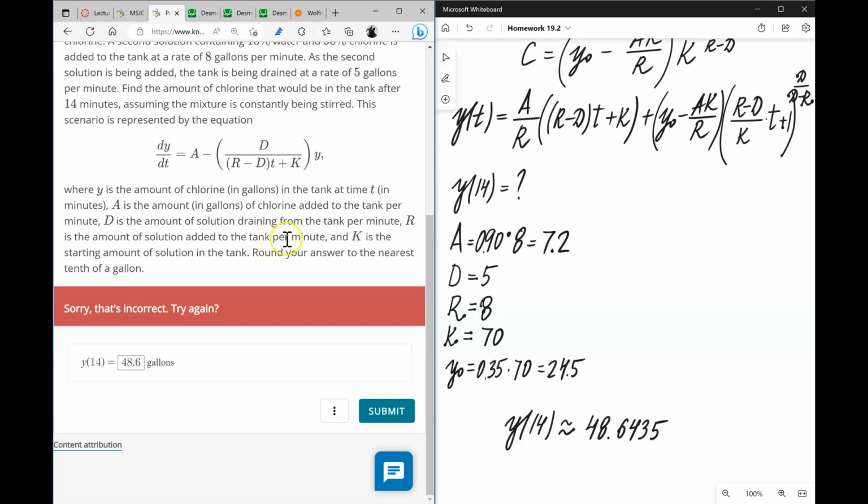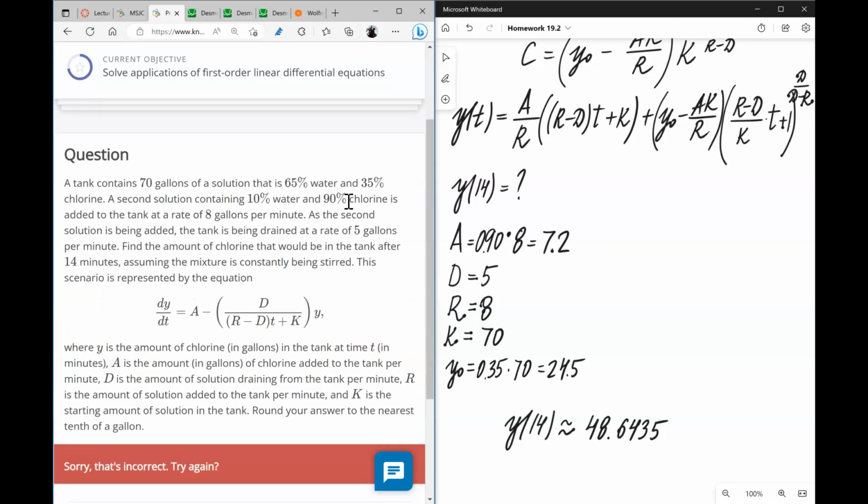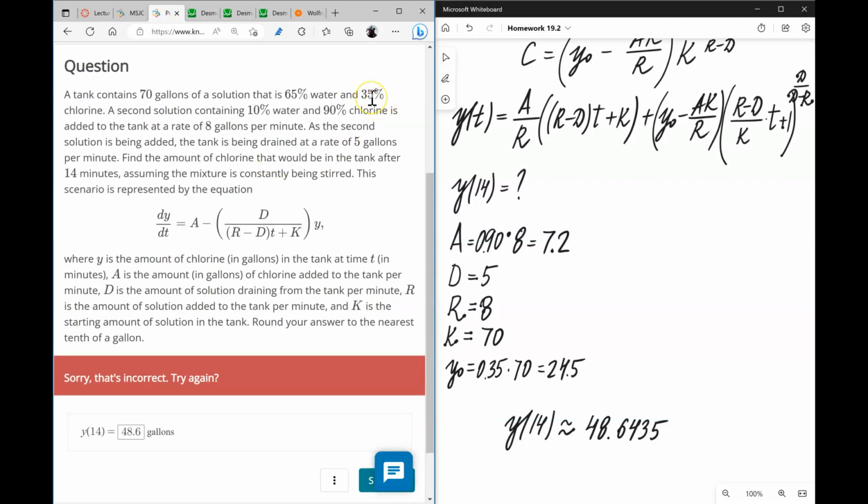I do not doubt the formula, but we might have read all the conditions wrong. Let's see. 35% of 70 is... So 90% of 8, that's how much is added per minute. D is draining. D is 5.